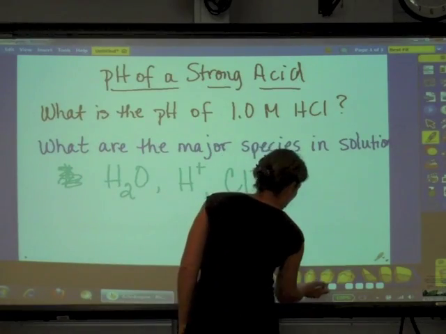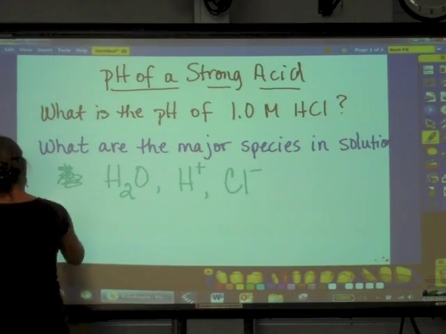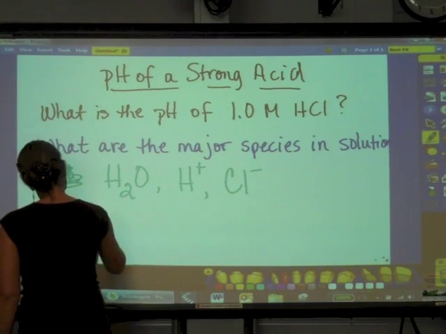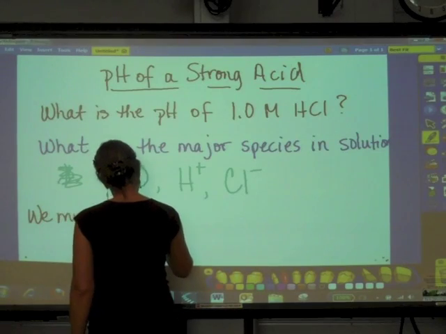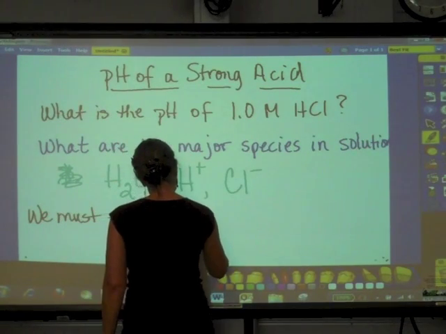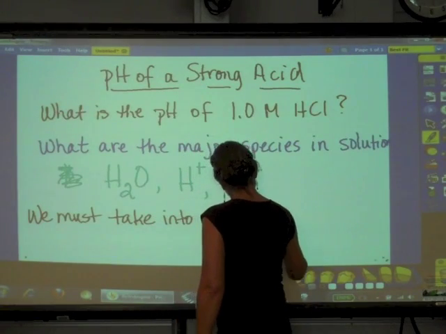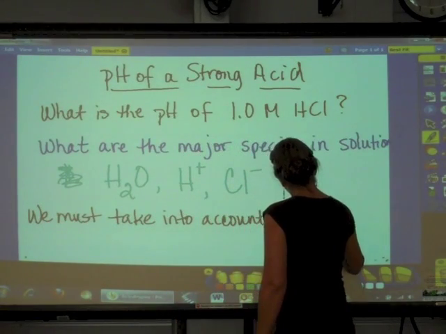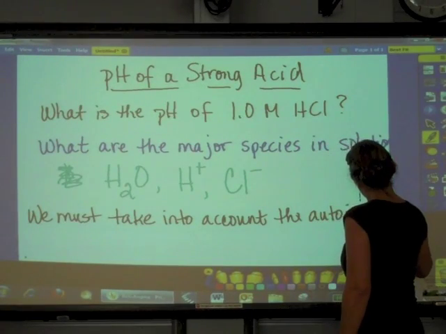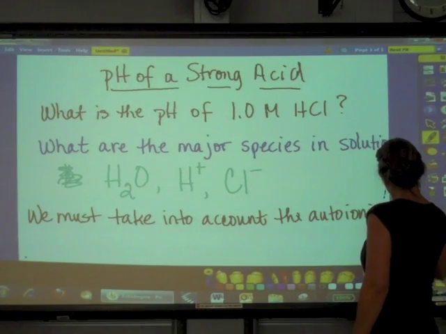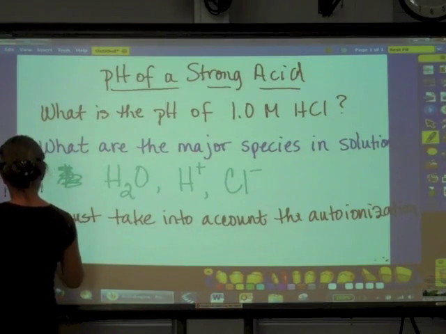So we must take into account the auto-ionization of water.